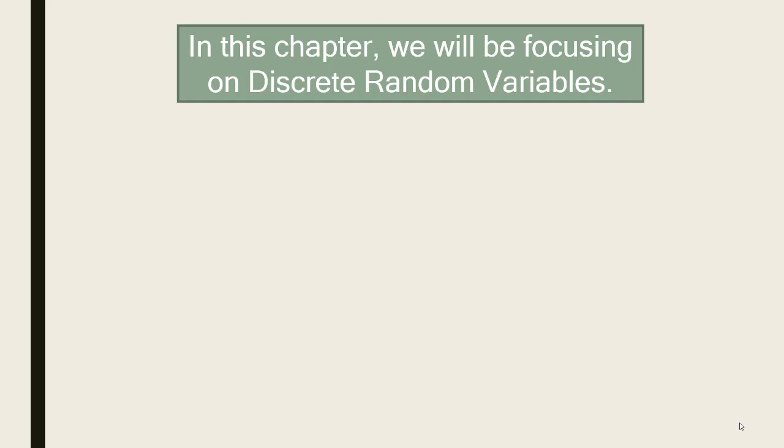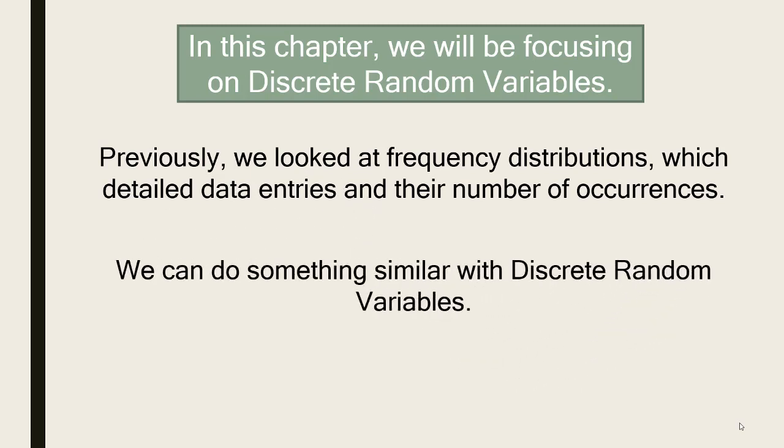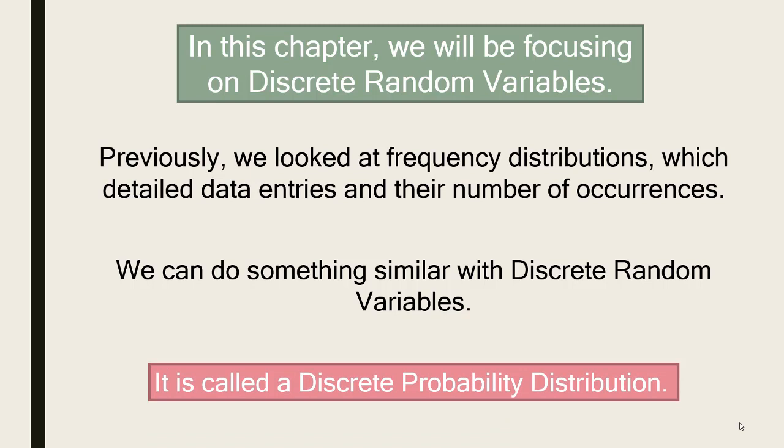Previously we looked at frequency distributions, which detailed data entries and their number of occurrences. We can take this same idea and use it to work with discrete random variables. When we do that, we get what's called a discrete probability distribution.